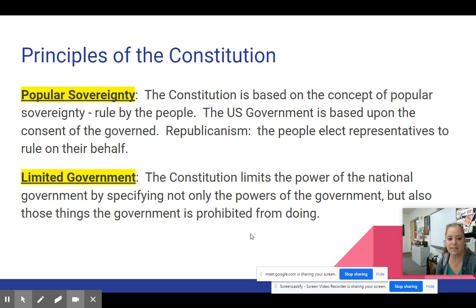Okay, the next principle that's important to know and understand is limited government. The Constitution actually limits the power of the national government. It gives some of the power of government to states, municipalities, cities, towns. You live in Monroe or near Monroe. So if you live in Monroe, Monroe has its own city council, has its own police department.